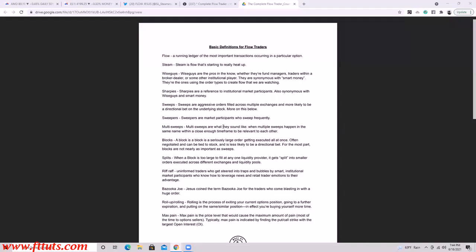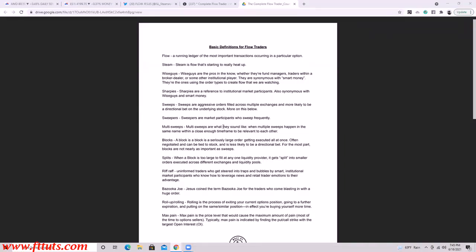What I realized early on was that a lot of these blocks, when I dug deeper into the flow, there was always something attached to it. There was always a block of equity that went off with it at the same time.